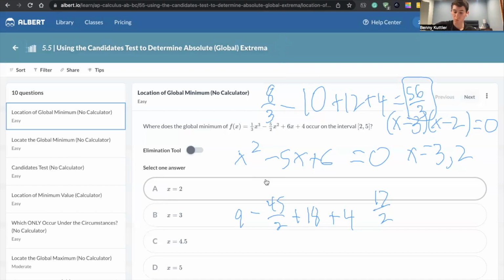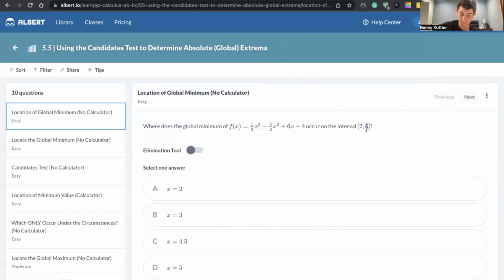But now we know that this is bigger of these 2 candidates, but we also have to consider that this value x equals 5. Oh, sorry, we're looking for the minimum, not the maximum. We had 56 over 3 and 17 over 2. Sorry, I'm still getting used to Zoom. So we know this one is the smaller value of those 2. So that's going to be our best candidate for the minimum so far.